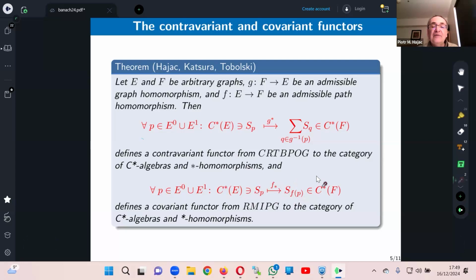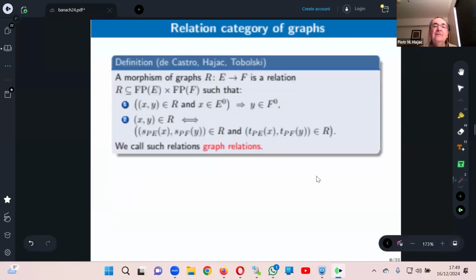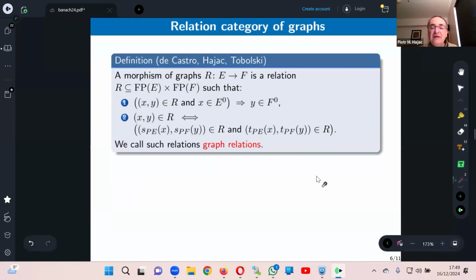But it defines a covariant functor, again, from this category of admissible path homomorphisms of graphs to C-star algebras and star homomorphisms. But because these morphisms do not preserve the length of paths, the U(1) equivariance with respect to the gauge action is lost.